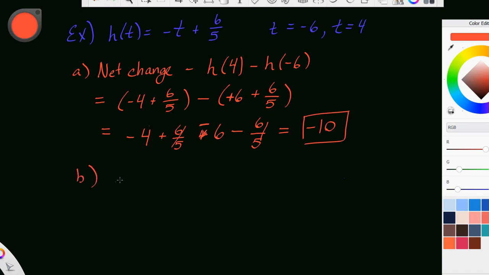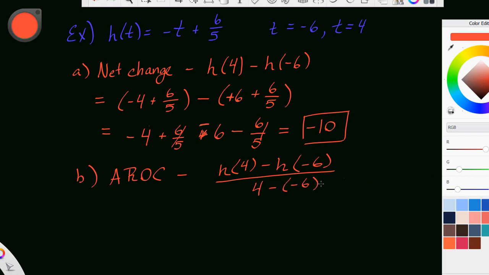Now, next what we're going to do is find the average rate of change, so the AROC. Now when we write this formula down, notice something, which is that the top part, h of 4 minus h of negative 6, is the net change that we just found. So it's divided by 4 minus negative 6.